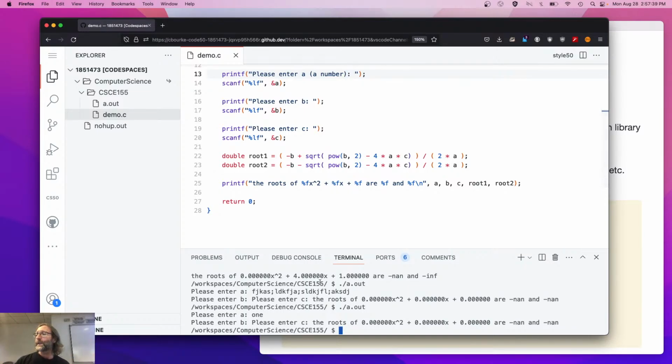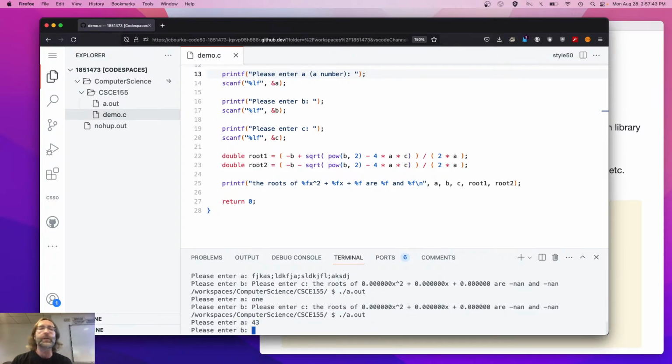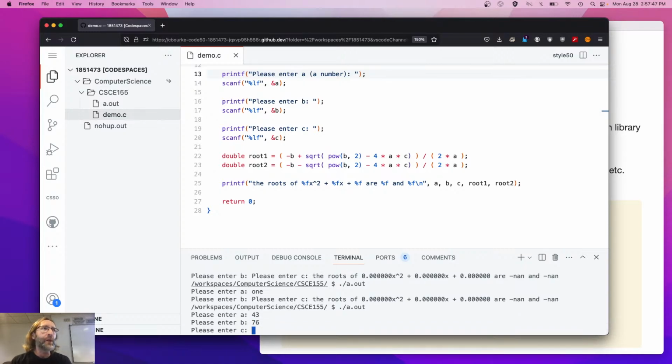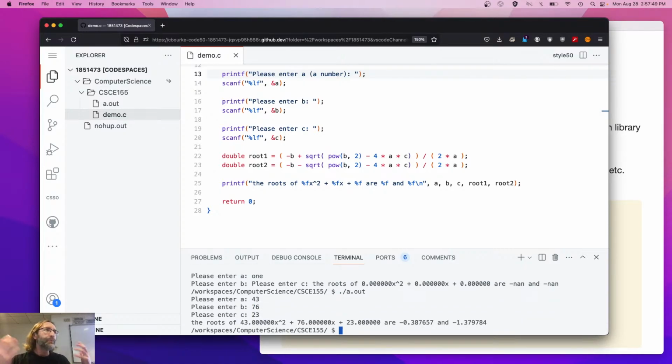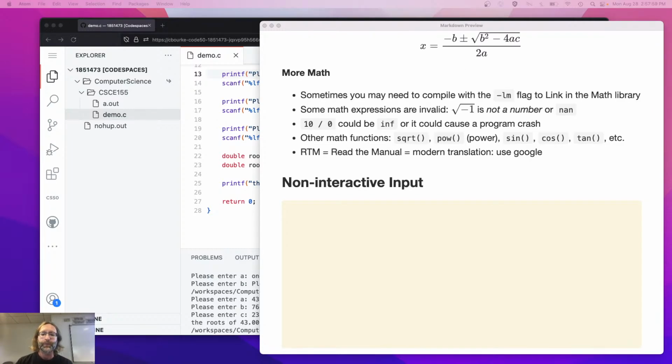You don't have the typical software here of, please enter a number, okay, 43. Please enter another number, okay, 76. You don't have a human user sitting between the keyboard and the chair. Instead, it's usual to have what's called non-interactive input. That's where we're going to look now.